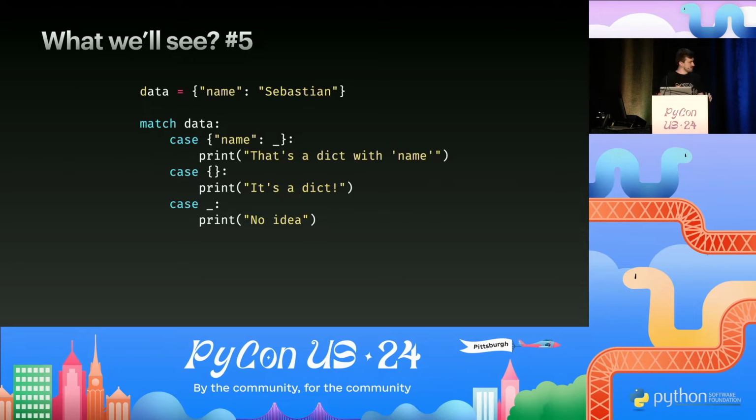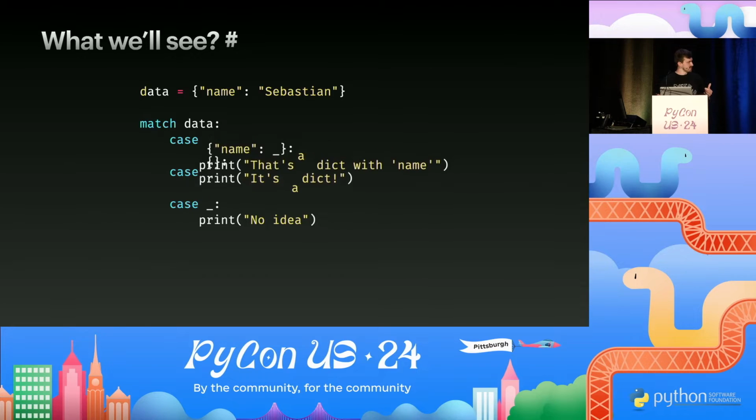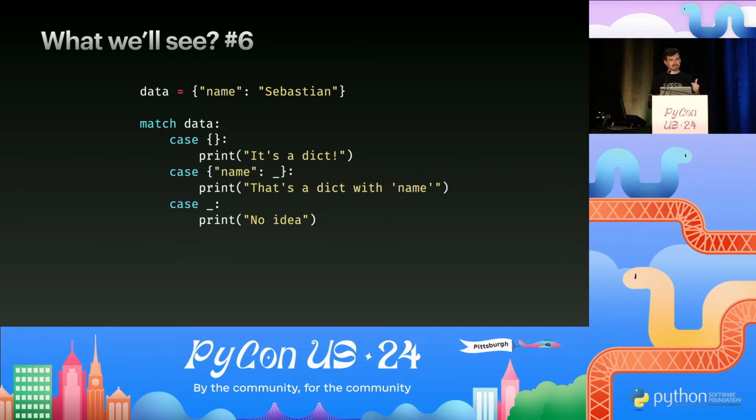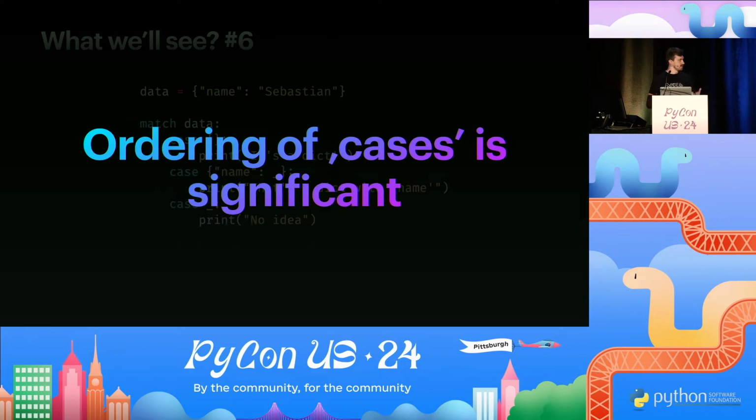Okay, and let's introduce a slight twist. What will we see there? Right. So you haven't fallen for it. But if you ever think about using match case, if there is one thing that you should remember, it is that the ordering of these cases is significant. This is one of the key takeaways of this talk.